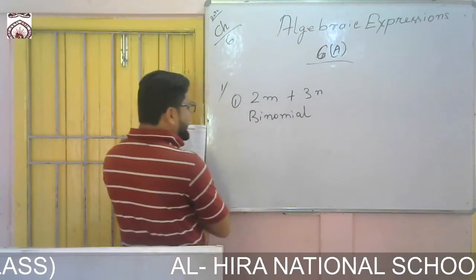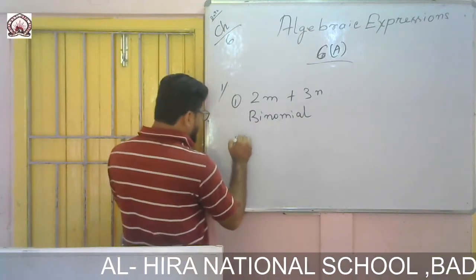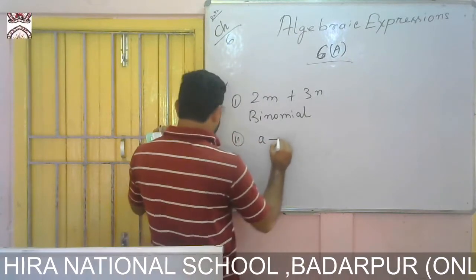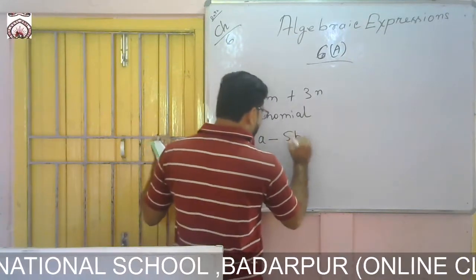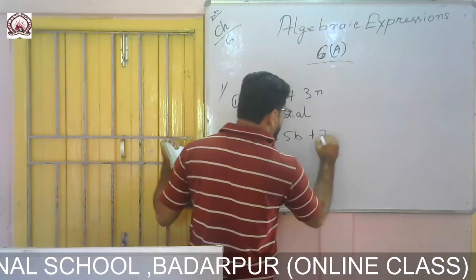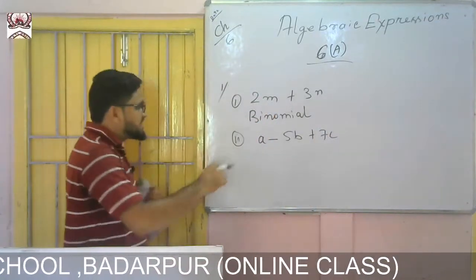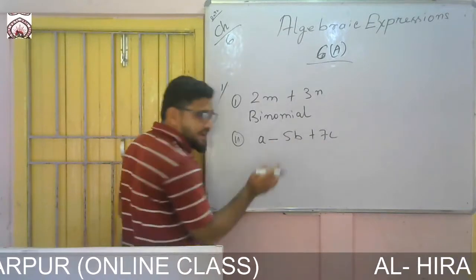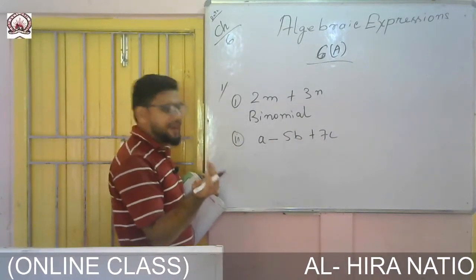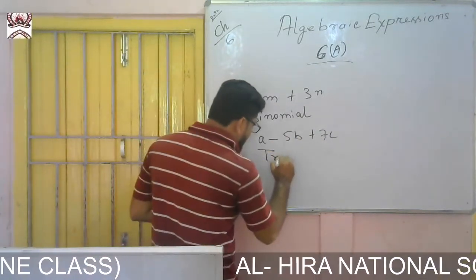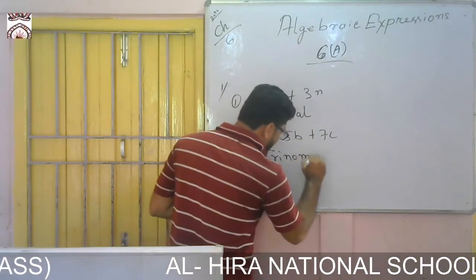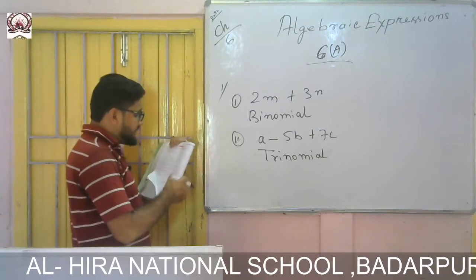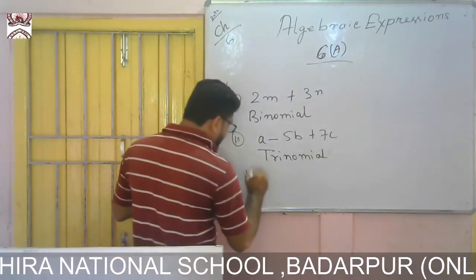Number 2, you see a minus 5b plus 7c. So 1, 2, 3 terms. Obviously it is a trinomial expression.